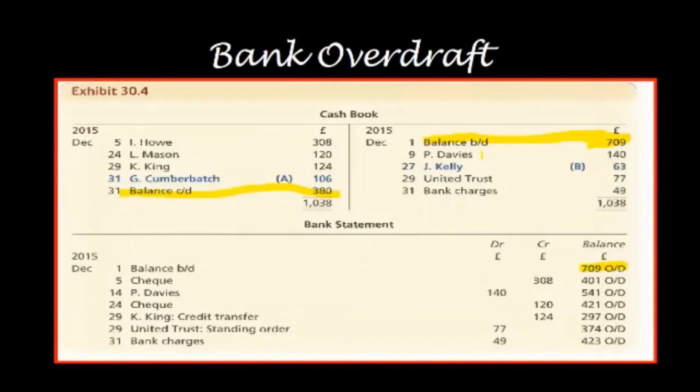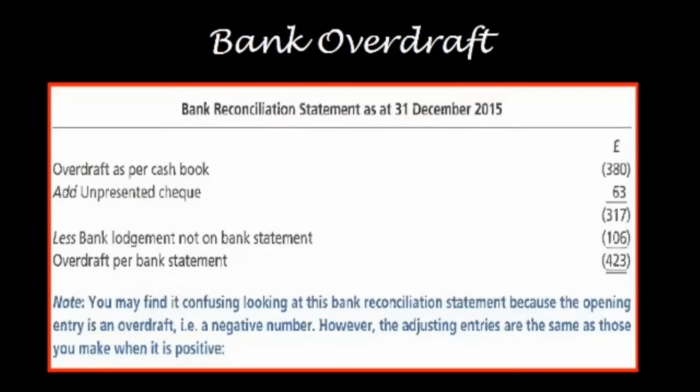All right, now how do you do the bank reconciliation for a bank overdraft? Simple. When you get to this point, you will have here overdraft, and you put it in brackets and you treat it as a negative figure. Okay, that's all. So when you have, this would be minus 380, add unpresented check of 63. So you'll get a smaller minus figure. You would not get a bigger minus figure, right?